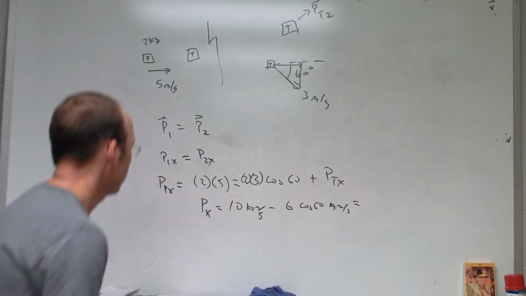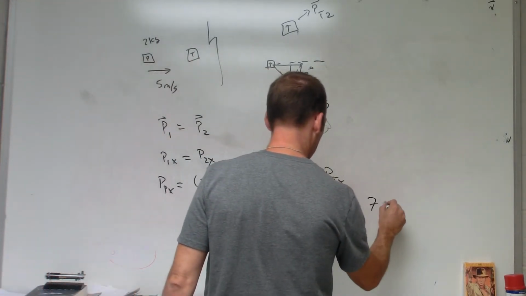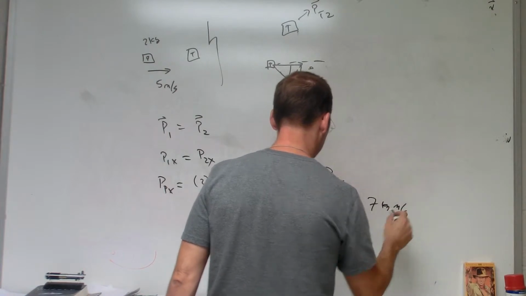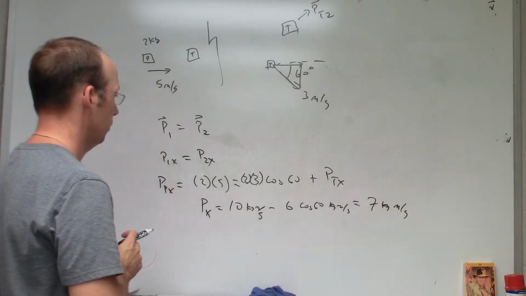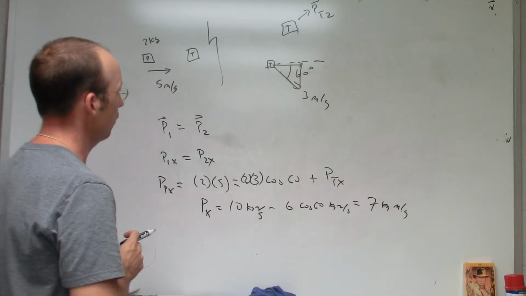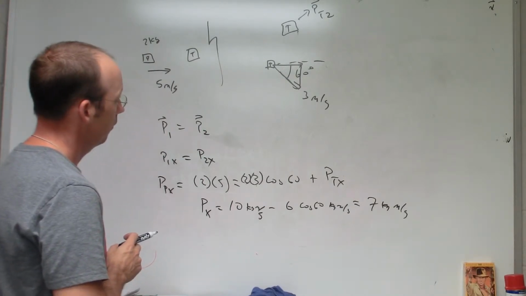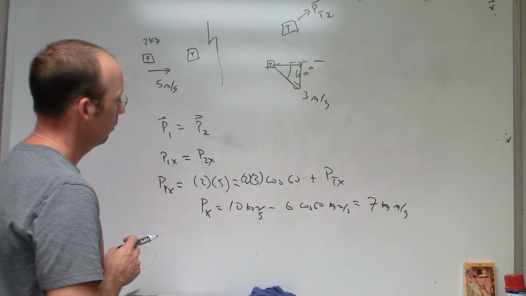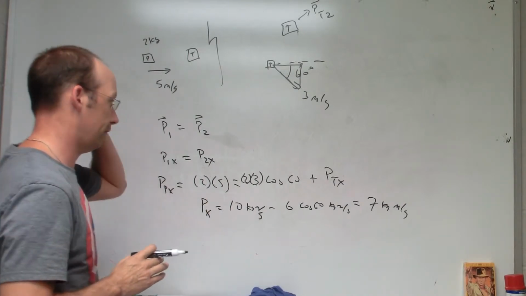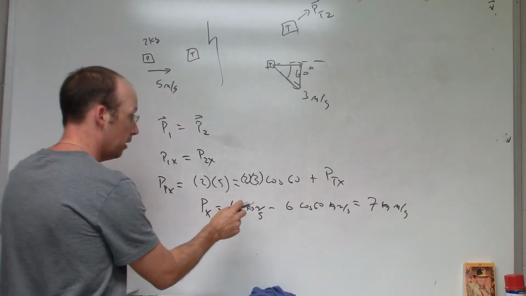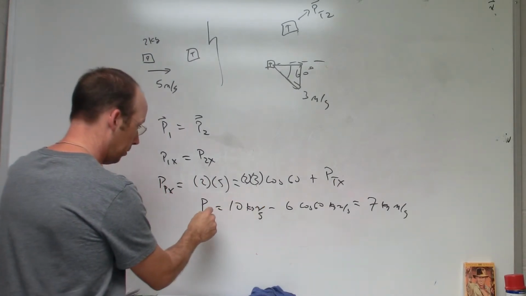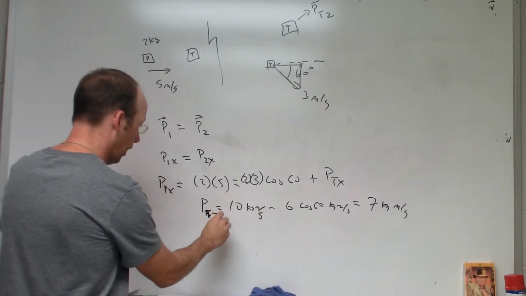Okay, so that's 7 kilogram meters per second. Okay, let's just figure that out later. So now I have the x component of the target, PTX.